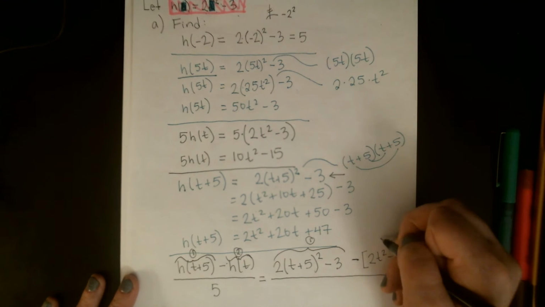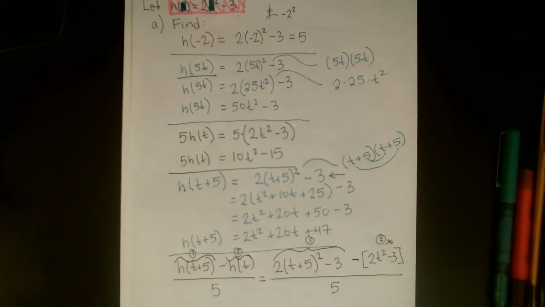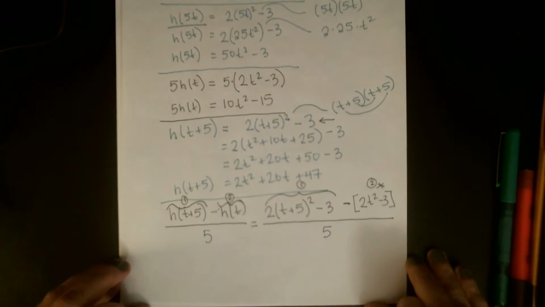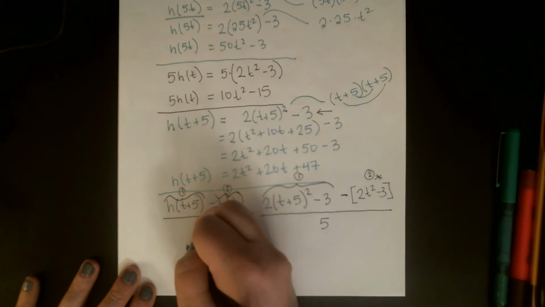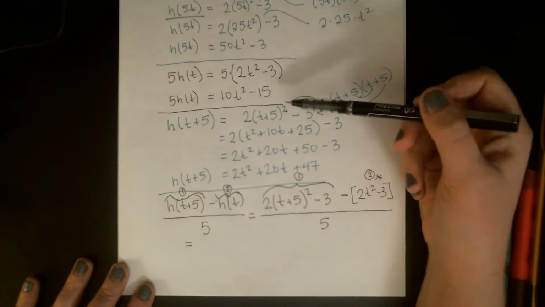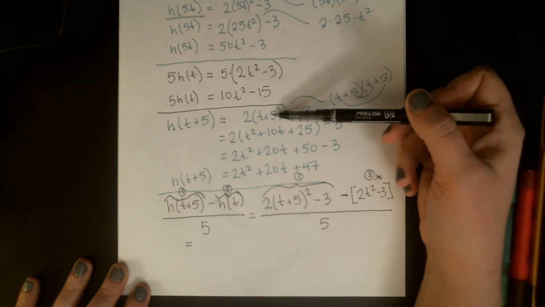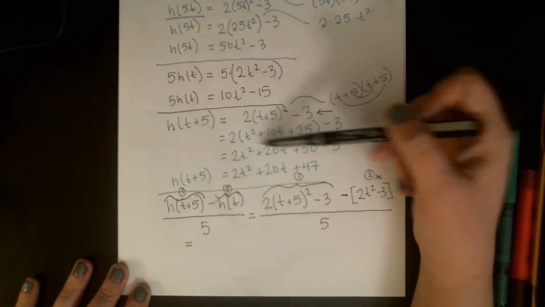The last thing that I need to do, so that was our number 2, is divide all of that by 5. The rest of this, I think I can move up now, is just some messy algebra and simplification. Again, I get to teach us a little bit here because I've already carefully worked through simplifying h of t plus 5. So I already know that when I square the t plus 5, I'll get this mess.